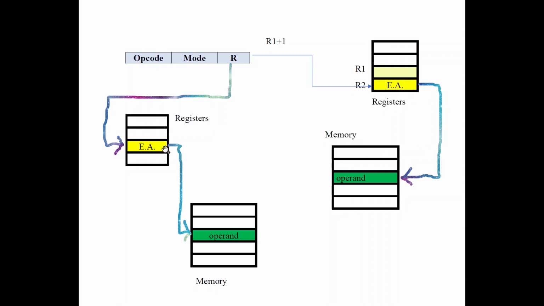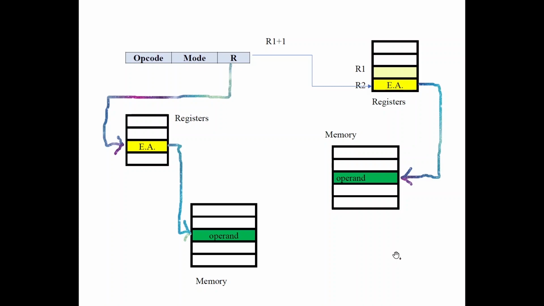Suppose the register value is 3000 here, and 3000 in the memory is the location which contains the operand. In the same way, again we are incrementing the register value, and we are getting another effective address which holds the operand. Suppose it is 3005, it holds the operand inside the memory at location 3005. So the effective address is 3005 here.